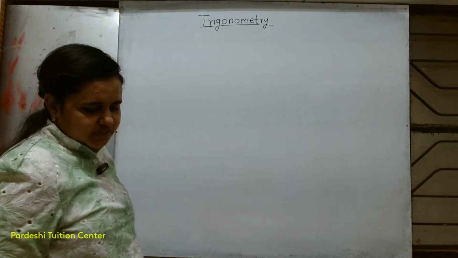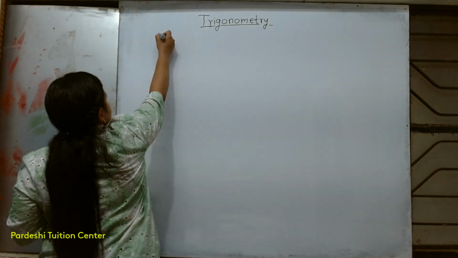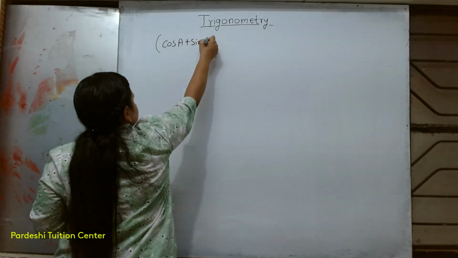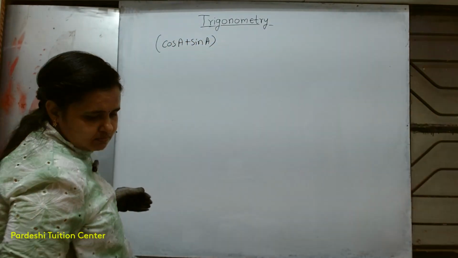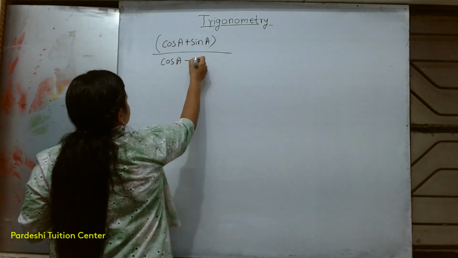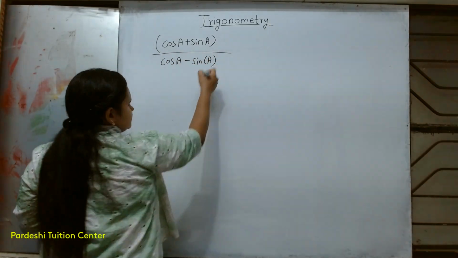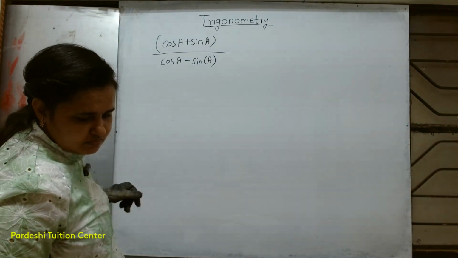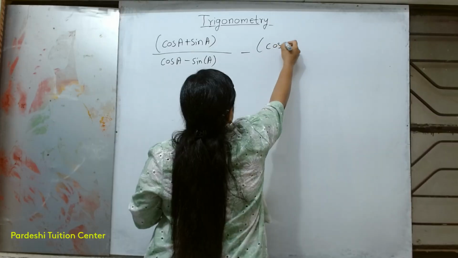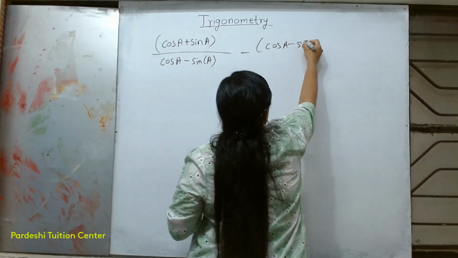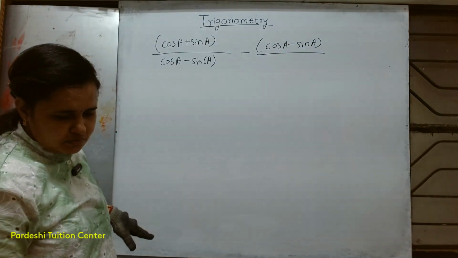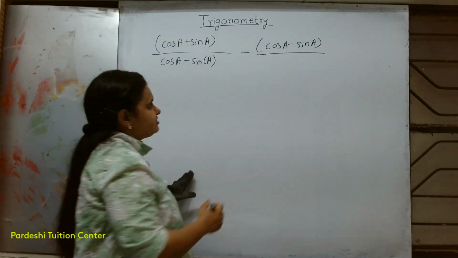Now the fifth question is (cos A plus sin A) upon (cos A minus sin A) minus (cos A minus sin A) upon (cos A plus sin A).